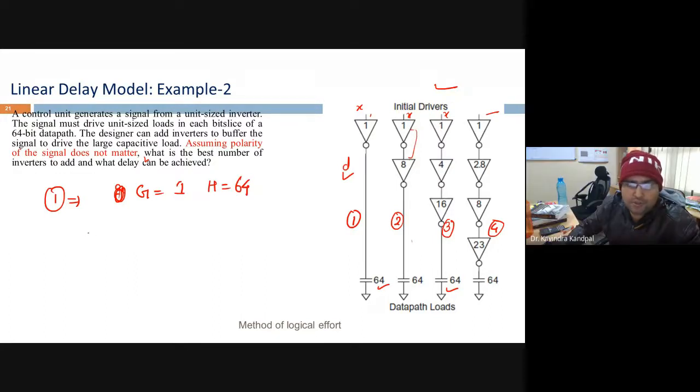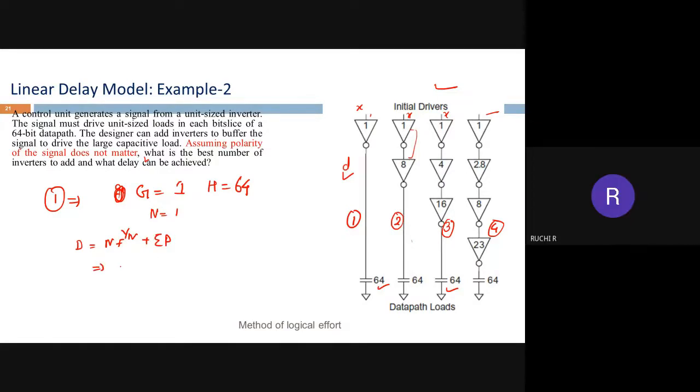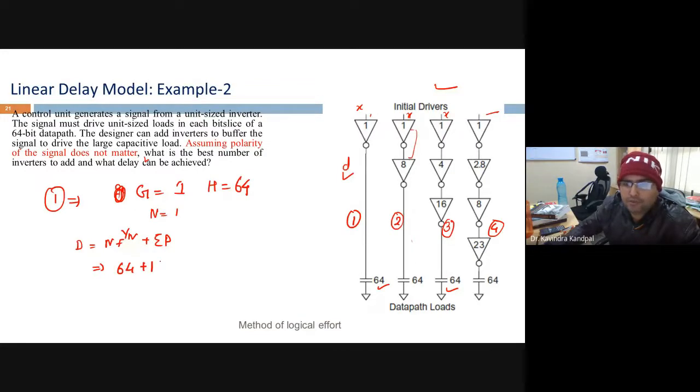There is no branching. What is the number of stages? N equal to 1. So what will be the least delay? Delay is N into F to the power 1 by N plus sigma P. So how much? 65, that is 64 plus 1, because the unit inverter gives P equal to 1. This is 65, right or not?